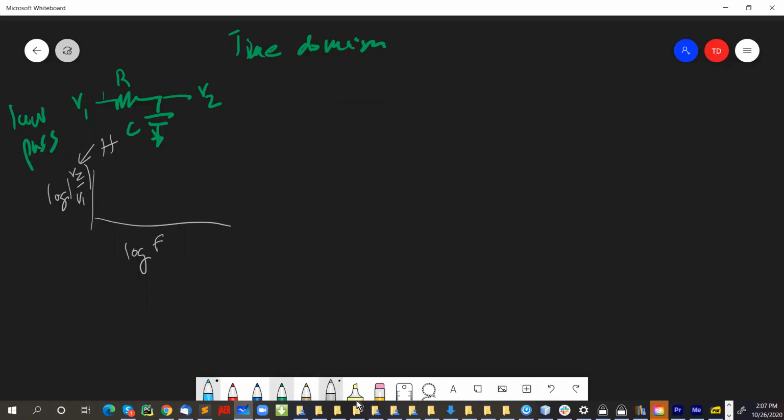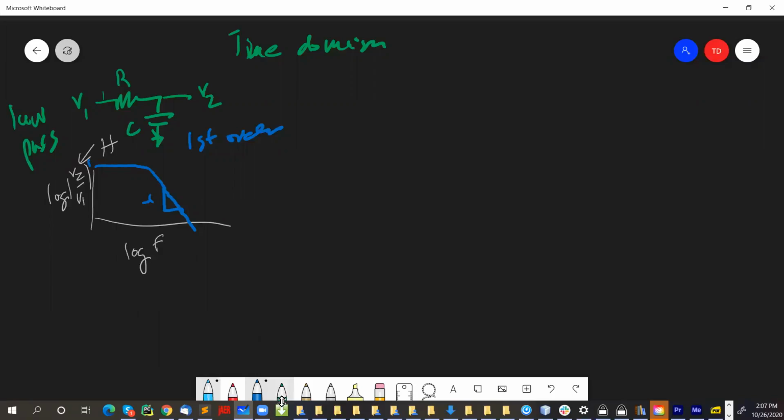What is that going to look like? Well, it'll have a gain of 1 here for low frequency, and then at a certain frequency it'll start to roll off, and it's a first order low pass. So the slope here will be -1.